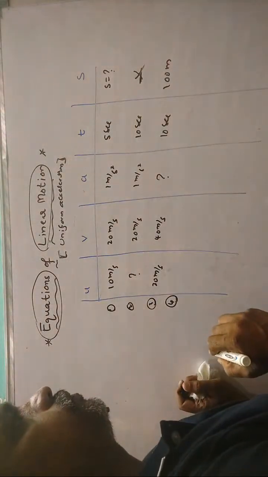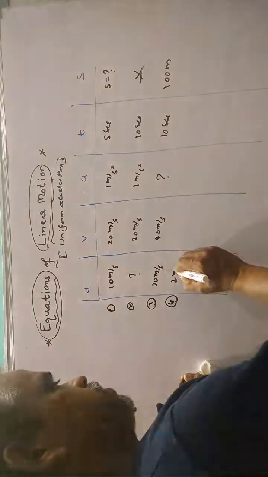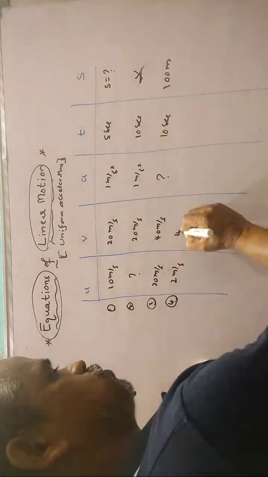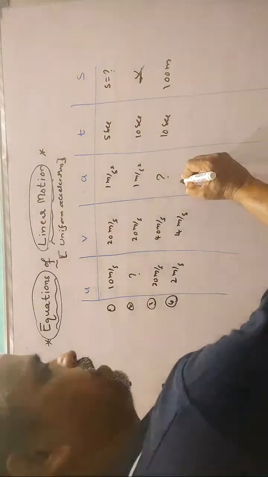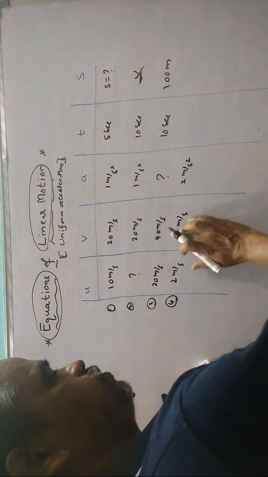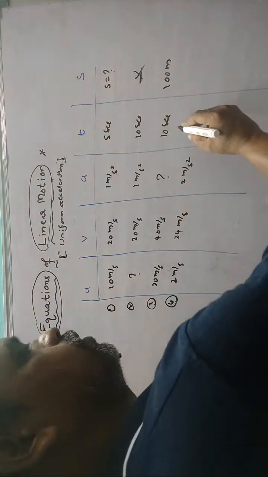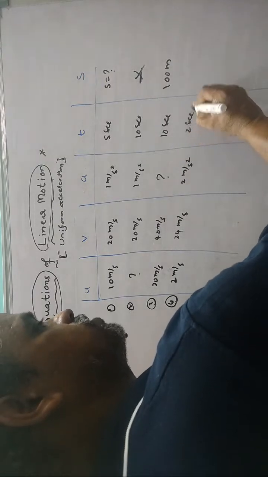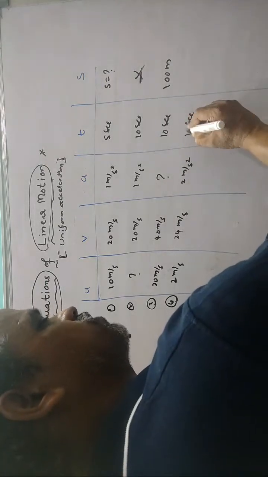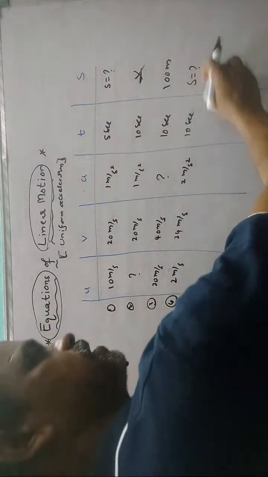Next, one more. 2 meter per second goes to 4 meter per second, accelerating with 2 meter per second square. It travels for 2 seconds, find s. We have to use the second equation here.